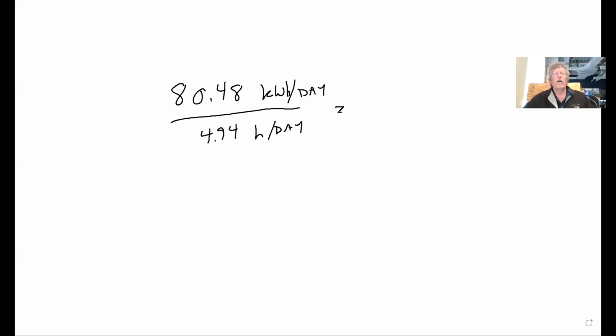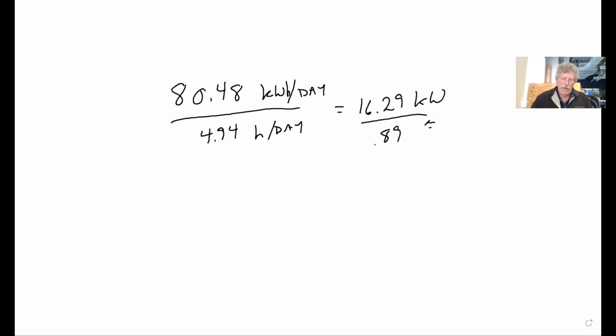And that's going to give us 80.48 divided by 4.94 gives me 16.29. So if it were 100% efficient, I would need a 16.29 kilowatt array, but we've determined that it's only 89% efficient.